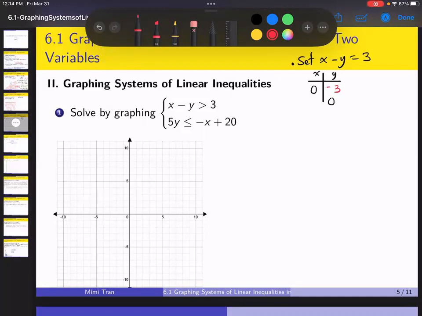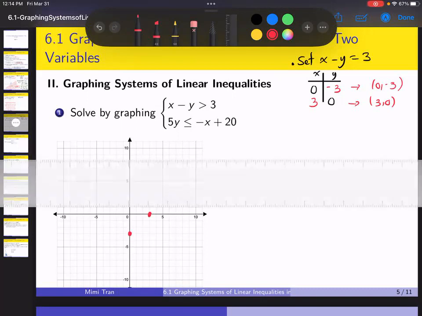If I let y equal 0, x equals 3. I just need 2 points. Dash, right?